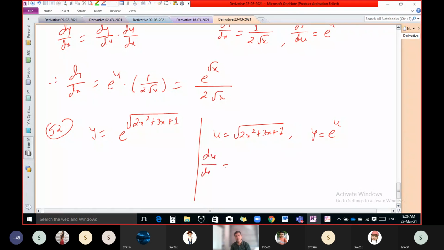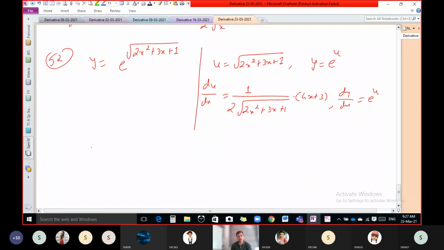We know the derivative of root x is 1 upon 2 root x, so for root of something, it should be 1 upon 2 root of the same thing, 2x square plus 3x plus 1, into, don't forget, the derivative of this part. What is the derivative of 2x square plus 3x plus 1? 4x plus 3. Correct. And dy by du, the derivative of y with respect to u, is e raised to u.